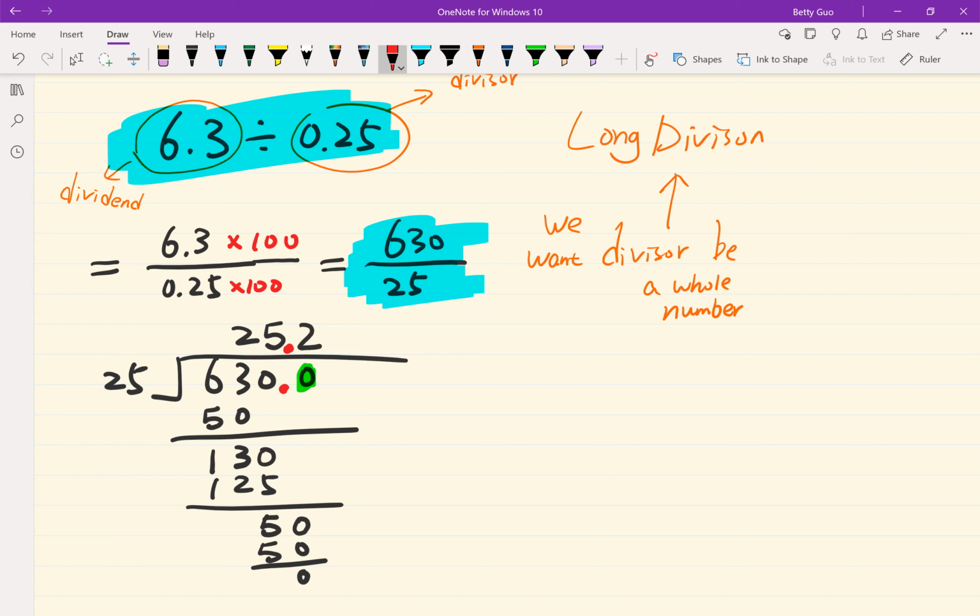You move the decimal point in the divisor to the right twice. You're going to do the same thing to the dividend. So the dividend becomes 630, and the divisor becomes 25. Once the divisor is a whole number, you're going to use long division to divide the dividend by the divisor completely.